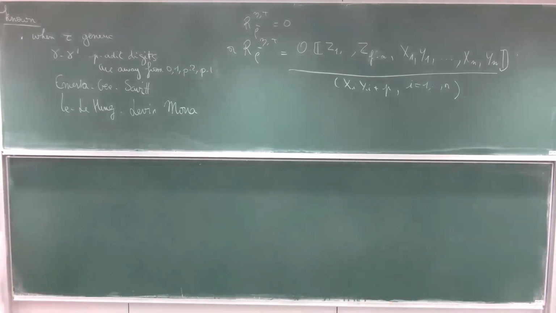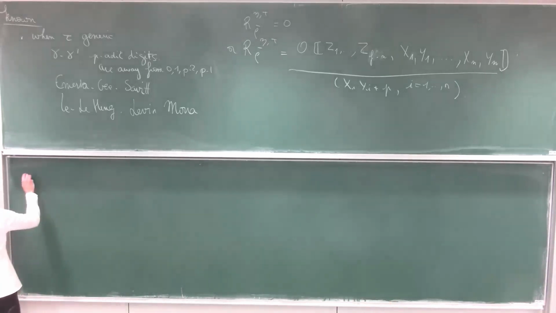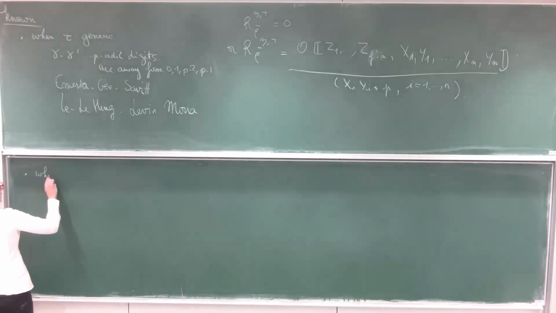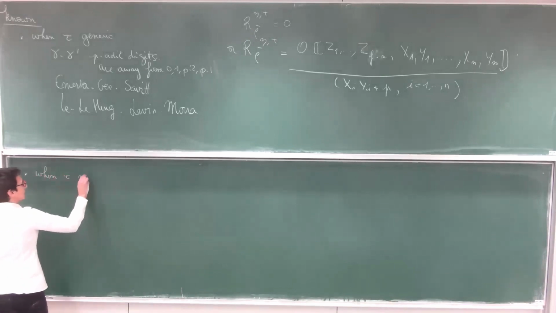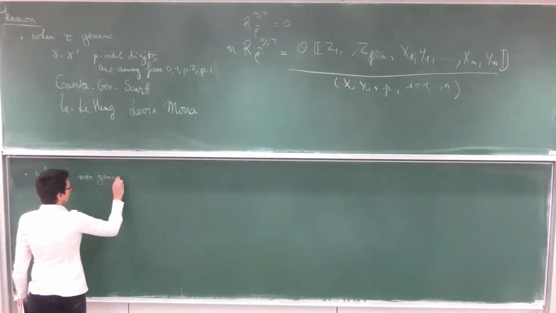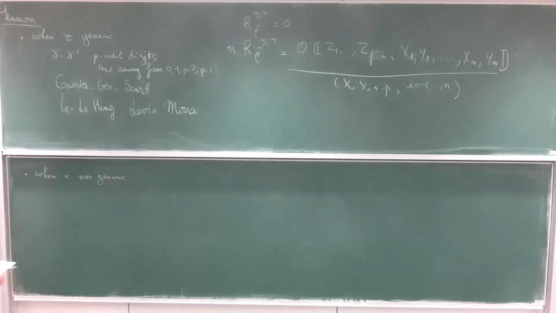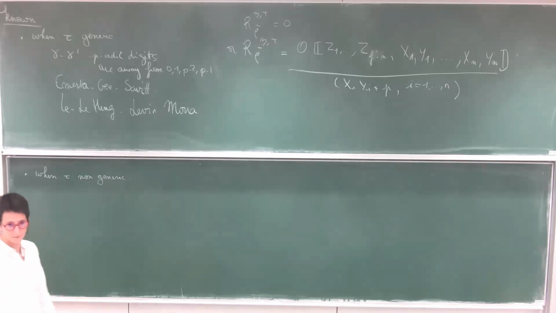So maybe I have to assume that rho bar is reducible. And when tau is non-generic, so only a few. Yes.